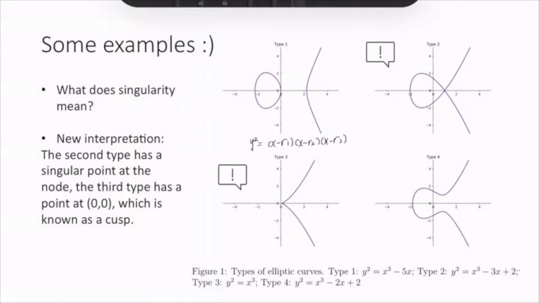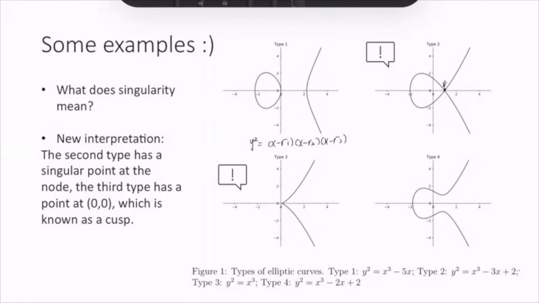For type 2, we could see a point here that is not differentiable. We could draw 2 tangent lines at this point, the point with a marked arrow on it. And we could write this equation as the following.